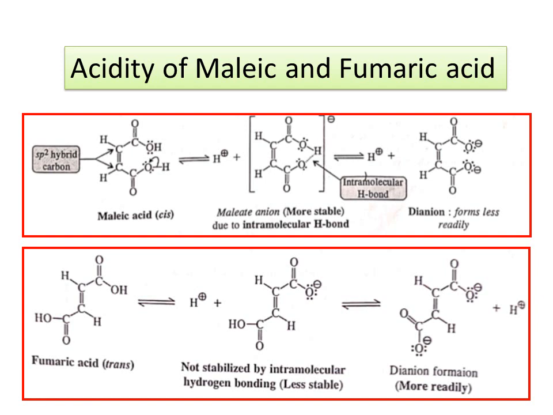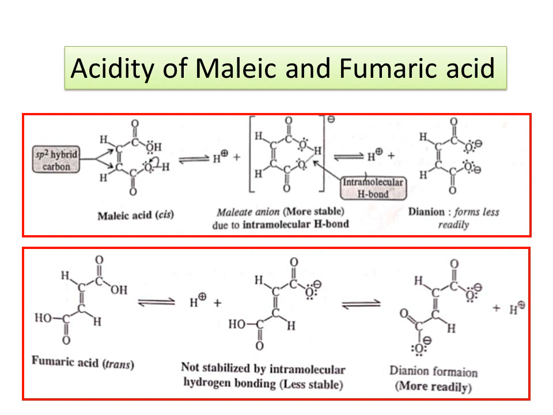While coming to maleic acid, during the first ionization, because of the intramolecular hydrogen bonding, the carboxylate anion is more stable.